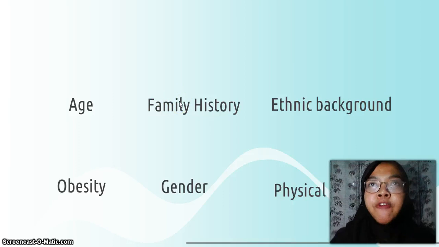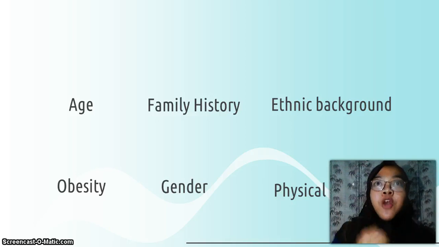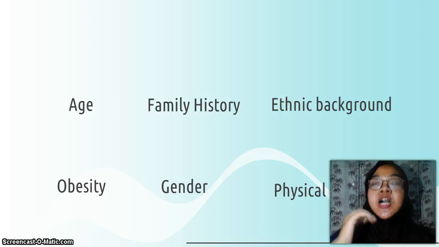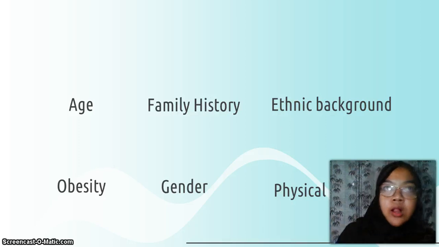People who have close family members with hypertension have a significantly higher risk of developing it themselves. And then ethnic background. African and American people have a higher risk of developing hypertension than other people.